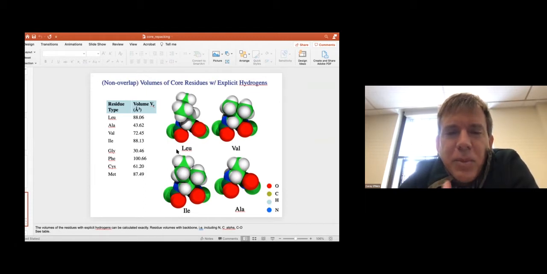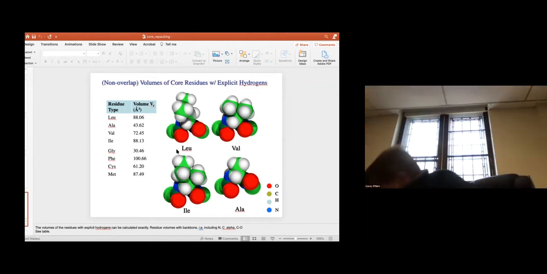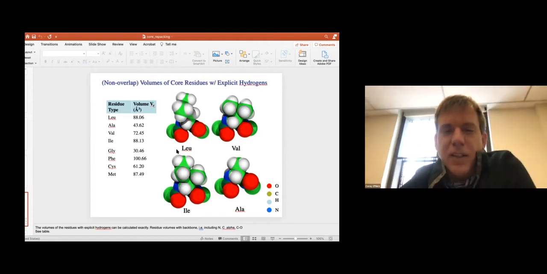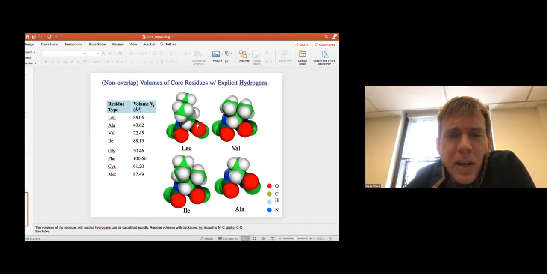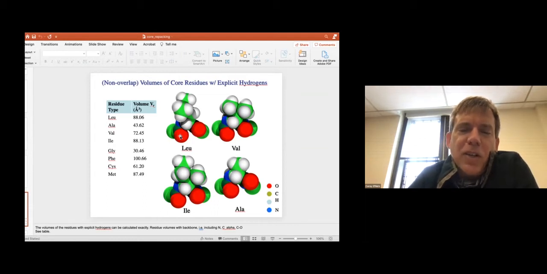These objects are composite objects made up of spheres, like hydrogen atoms, carbon atoms, and oxygen. The residues are made up of a bunch of spheres, but I want the non-overlapping volume of the spheres. So you can calculate that: you calculate the volume of each sphere, but then you don't double count the overlap between the spheres. Each pair of spheres you only count once.